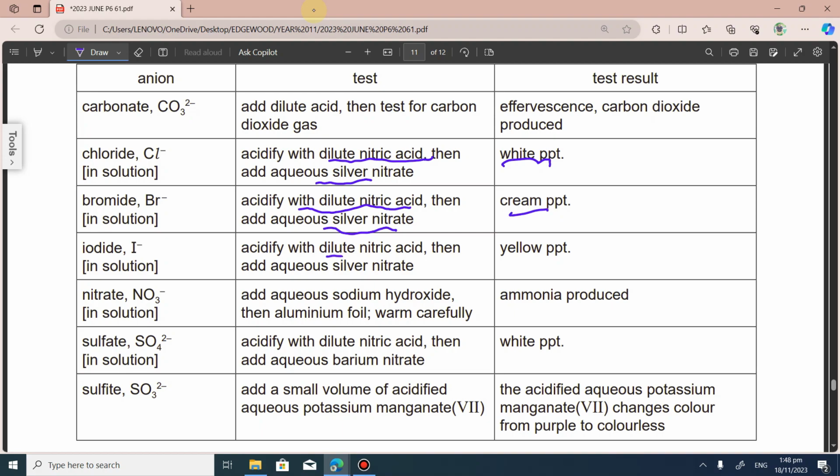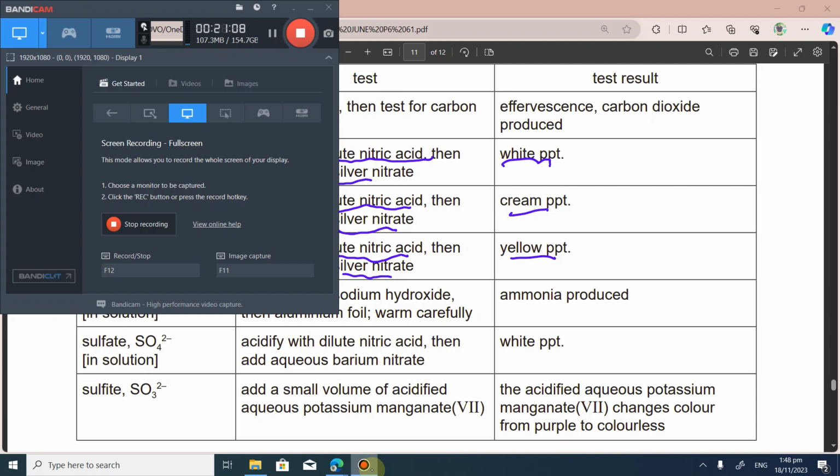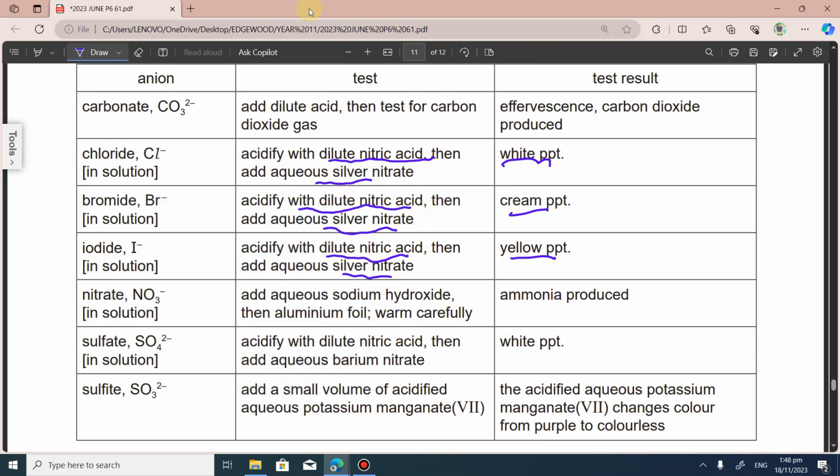For iodide as well, dilute nitric acid and aqueous silver nitrate is used, and a yellow precipitate is observed. So in these three cases, the result is a white, cream, or yellow precipitate while adding nitric acid and aqueous silver nitrate.